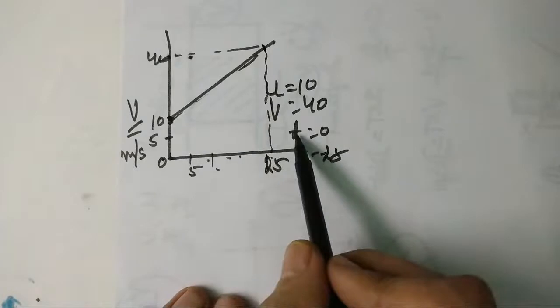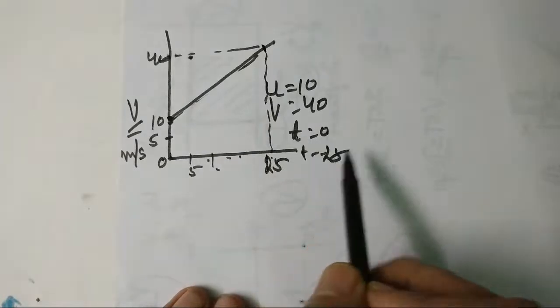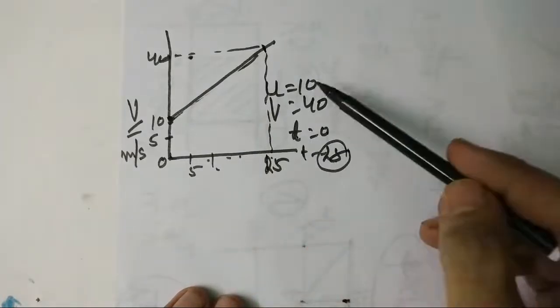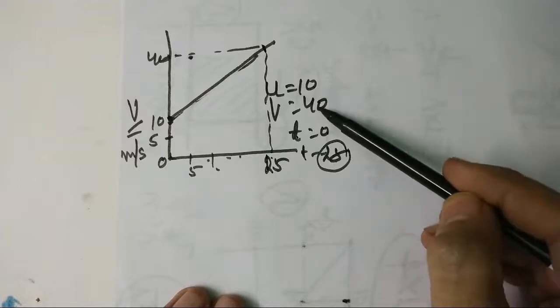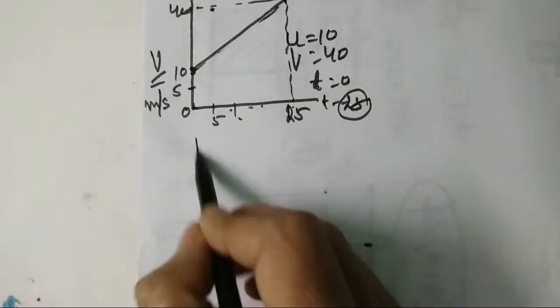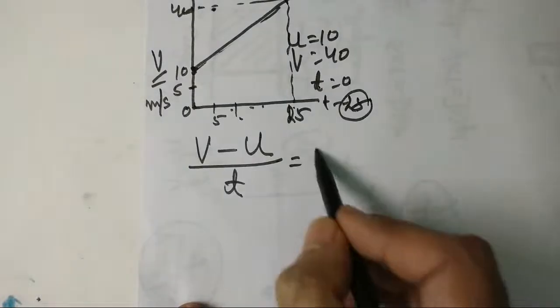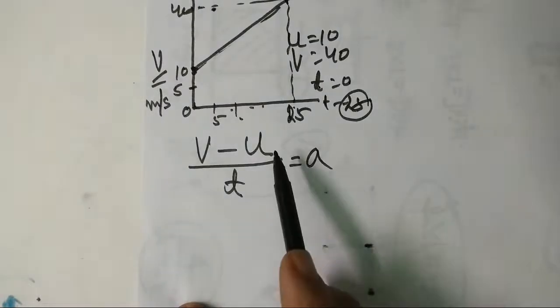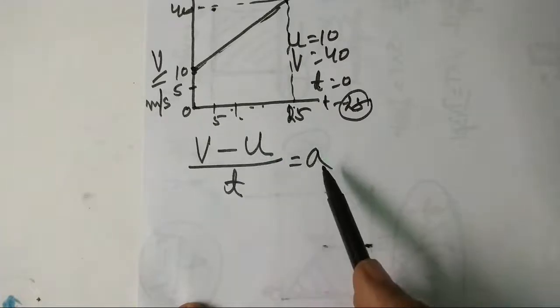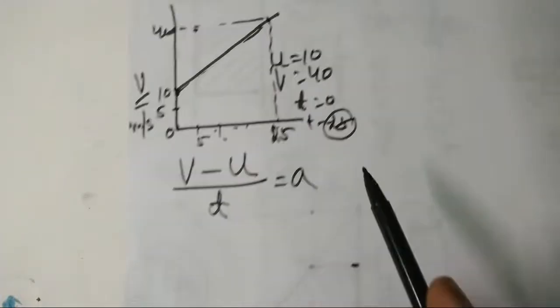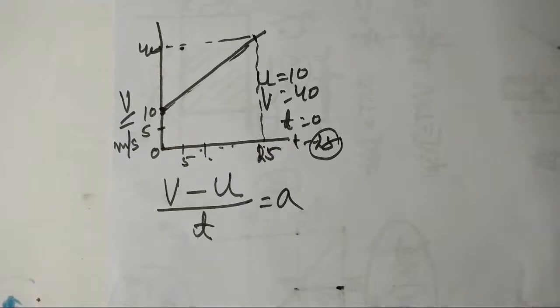Since initial time is 0 and final time is 25, and u and v are given, we will do v minus u upon t. This gives acceleration. So the velocity-time graph can be used to calculate this, and this is used to calculate the equations of motion. So this is how you understand the graph.